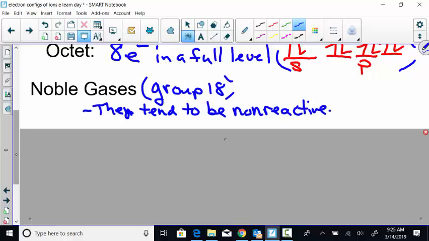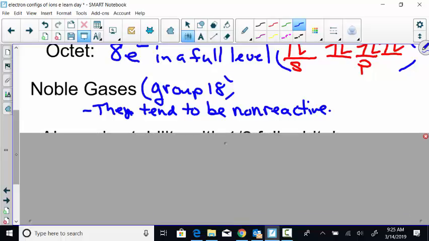Now, in recent years, we've actually forced some of them to react, but mostly they are non-reactive elements. In fact, they are so non-reactive that they were actually some of the last elements to be discovered.